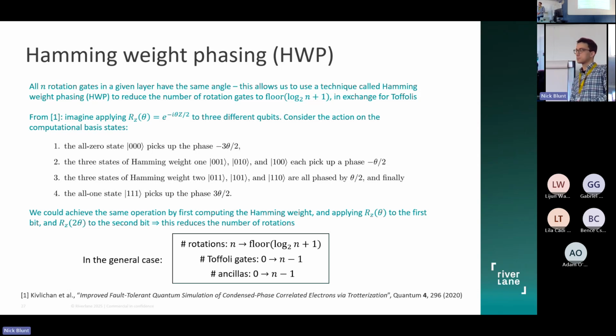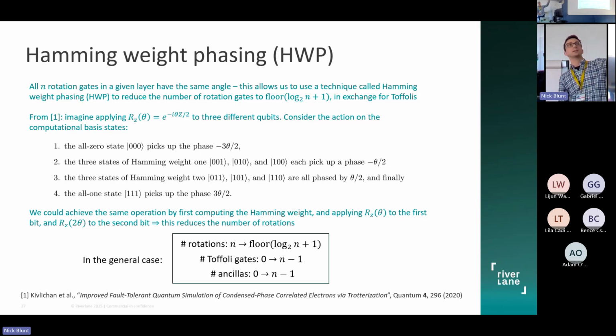The circuits that you use to compute the Hamming weight are probably inspired by similar classical circuits. I'm not sure if you've seen these kinds of adder circuits. If you want to add two numbers together on a quantum computer, then you have these Toffoli circuits. So there's probably some correspondence to classical circuits there.